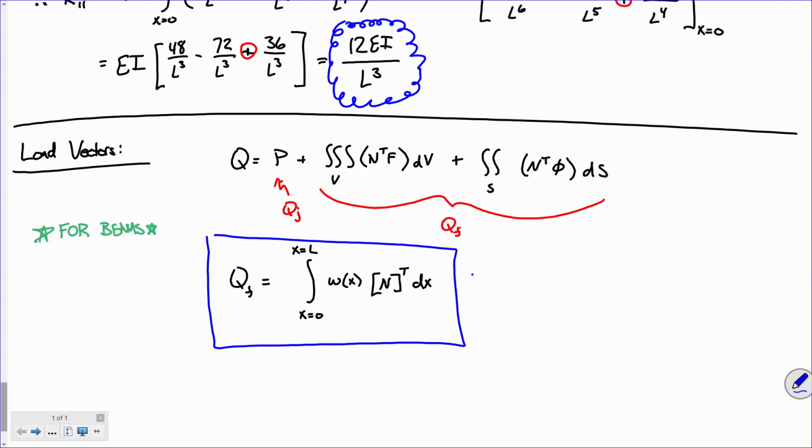And I'll call this the non-nodal load vector.